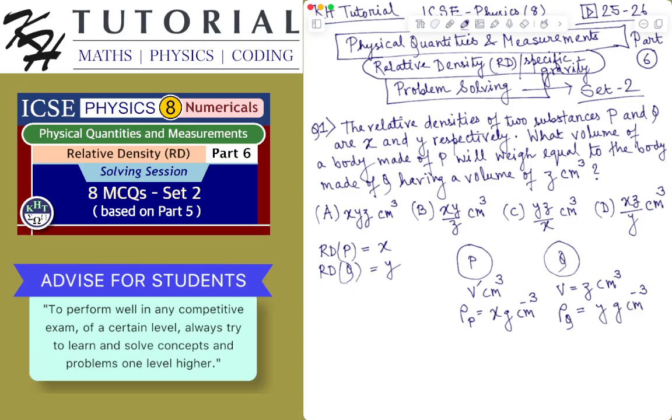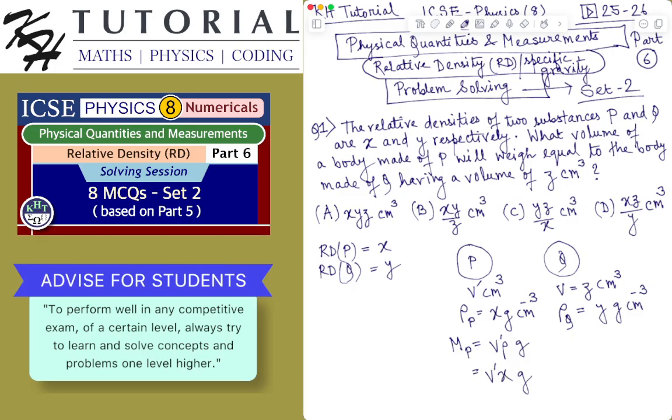So what is the mass over here? If I consider MP to be the mass, it is V dash rho, this much gram, which is equal to V dash into rho. Rho is given, rho is X, so V dash X, this much gram.